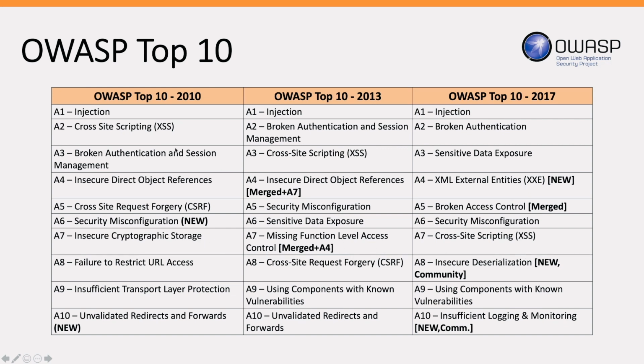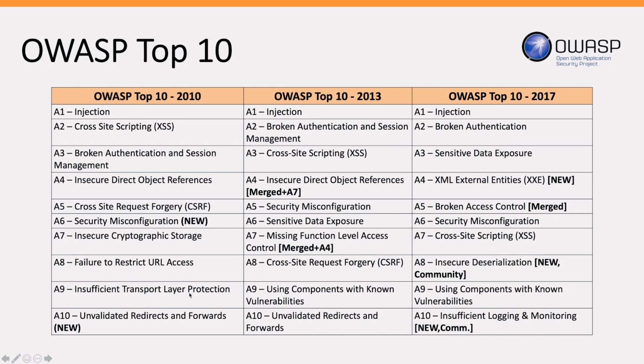Cross-site scripting was the second most critical risk to web applications in 2010, then it became the third most critical risk in 2013, and then it dropped all the way to the seventh most critical risk in 2017. And you'll see some of them completely disappear. Insufficient transport layer protection was number 9 of the most critical risks in 2010.